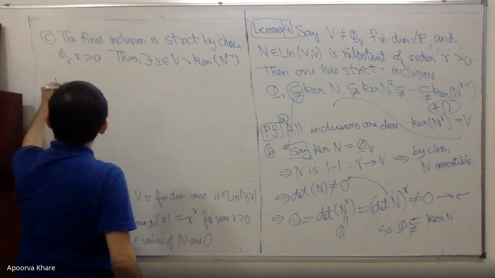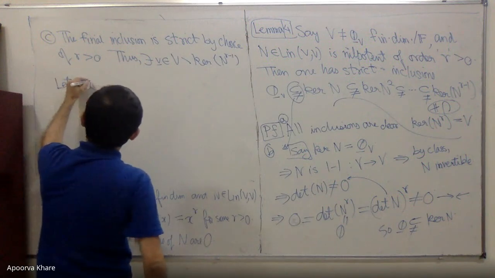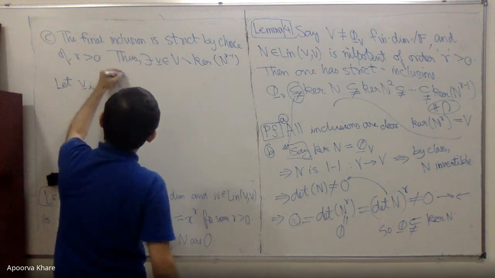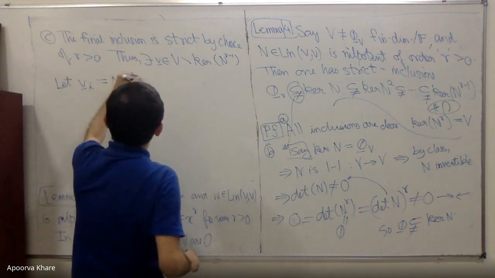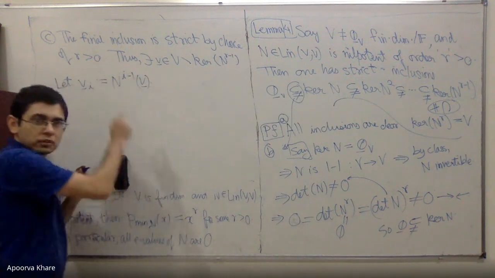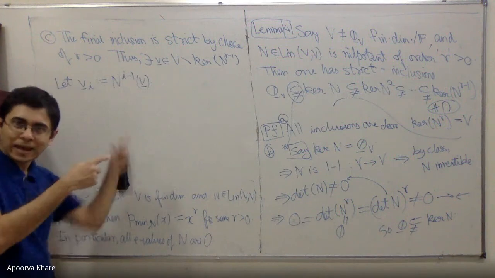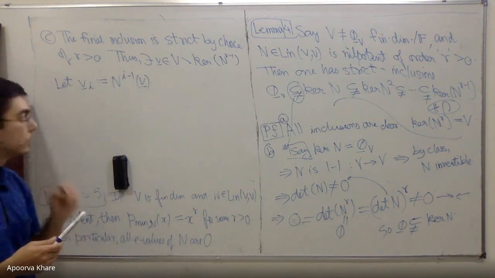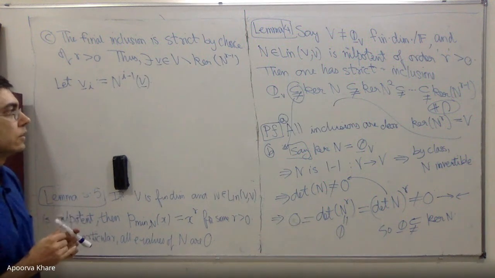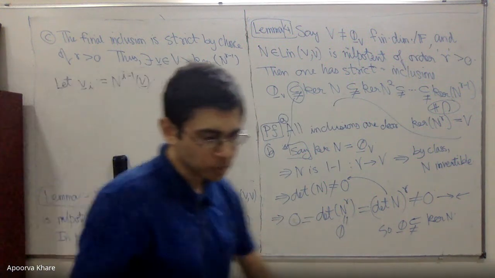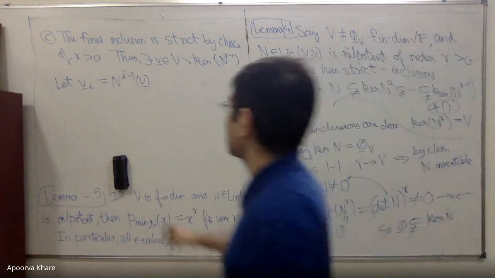Now let's call v_i to be n to the r minus i applied to v. Let's just choose it. So for every single i, I apply n so many times to v.